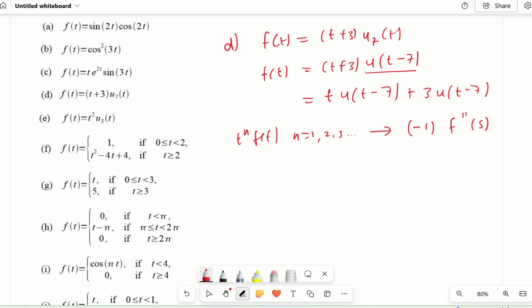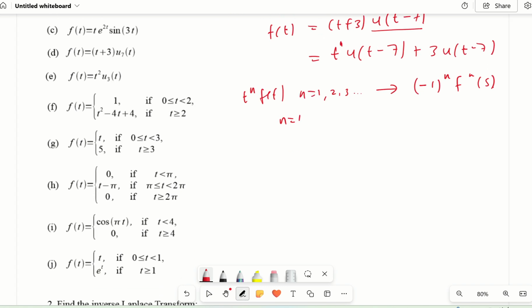And if our n is 3, we're going to differentiate it 3 times. So on and so forth. So from our problem, our n is 1. So let's make that clear. Our n is 1. So let's solve this one first and then we'll solve this one later.